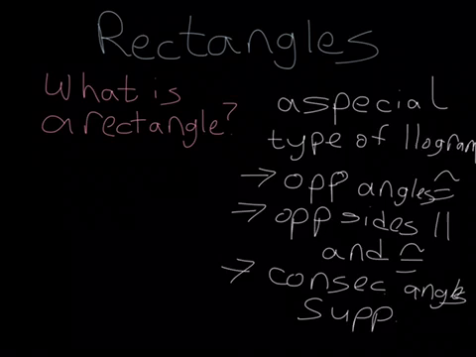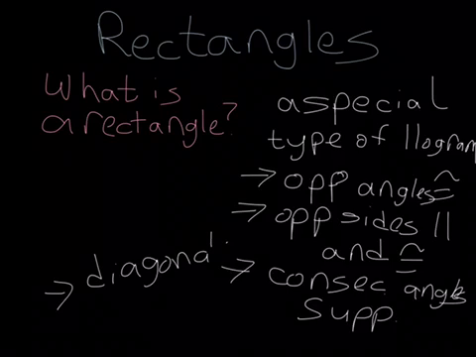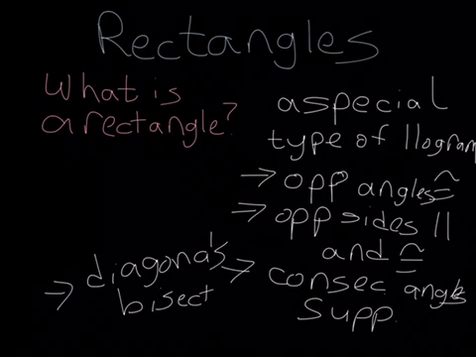The other thing is we also said that the diagonals bisect. Now, all of those are also true of parallelograms. So those four conditions have to be met for it to be a parallelogram. And then we have to meet two additional conditions for it to be the special type of parallelogram that is a rectangle.